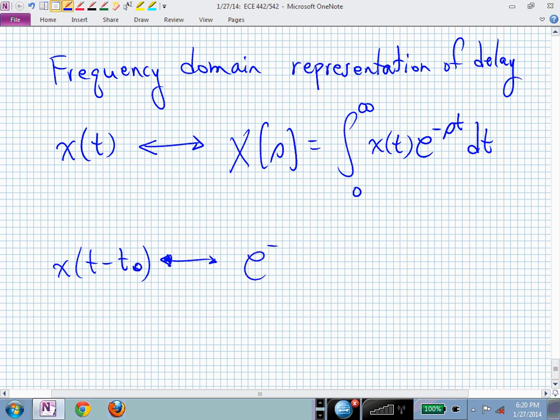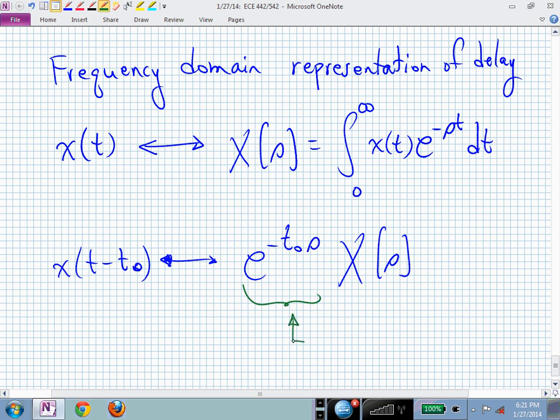That's e to the minus the delay times s times x of s. So if we wanted to know what's the impact of a delay of length t sub 0 in the frequency domain, that's represented in the s domain as e to the minus t0 s.